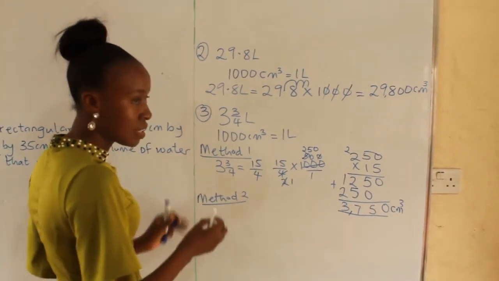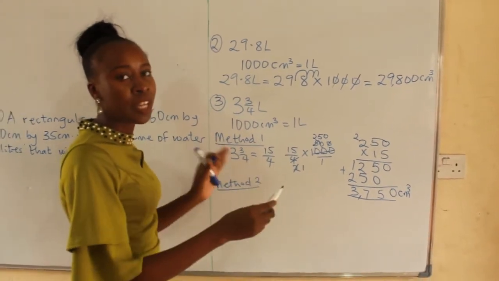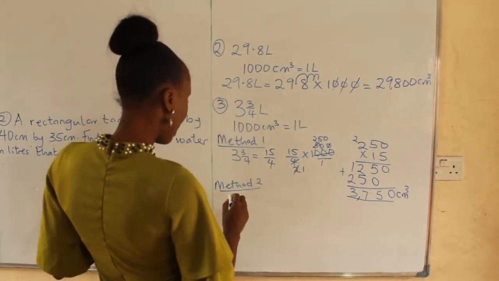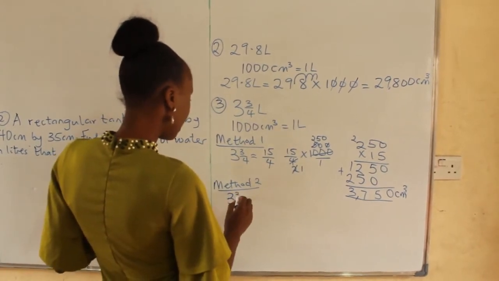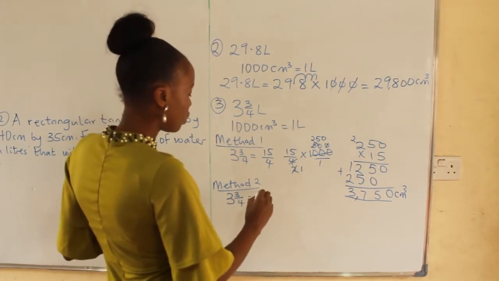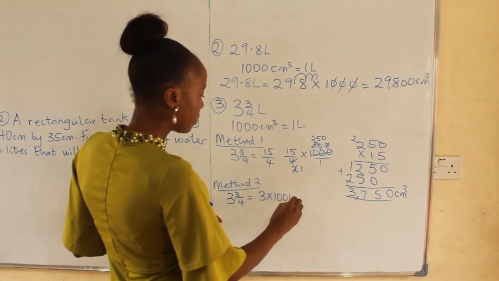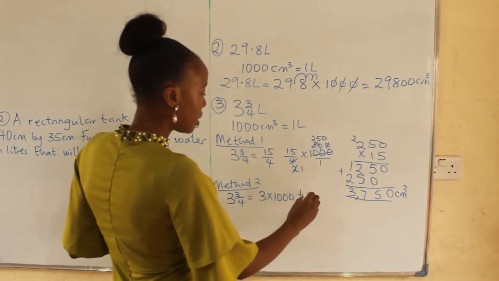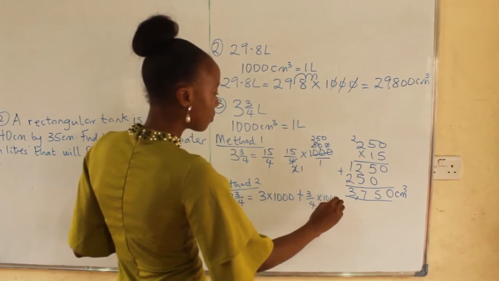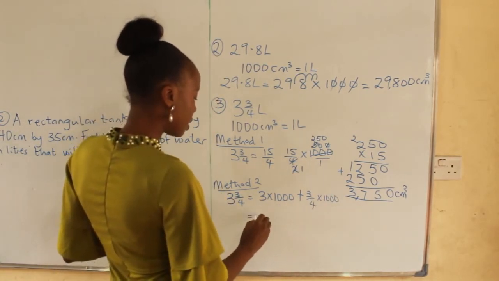The second method, like I said, is I separate the whole number and the fraction, multiply each of them by 1000 and add my answers together. Alright, so I have 3 over 4. So for the whole number, I have 3 times 1000 plus 3 over 4 times 1000. 3 times 1000 equals 3000.